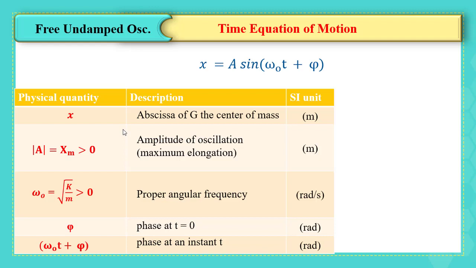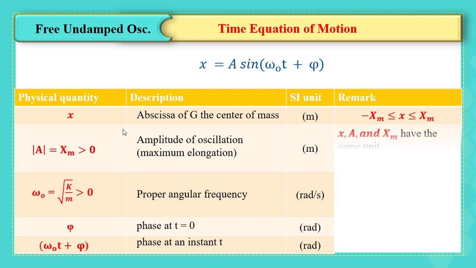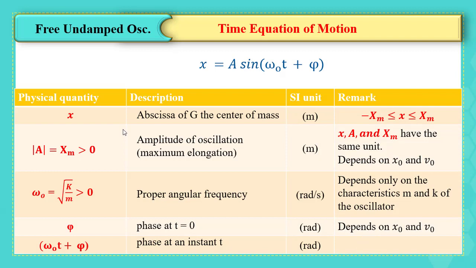What is the unit? The unit of x is meter. The amplitude also is meter. Omega 0 is in radians per second, and phi and omega 0 t plus phi are in radians. It's important to know that x lies between minus xm and xm. x and xm have the same unit.